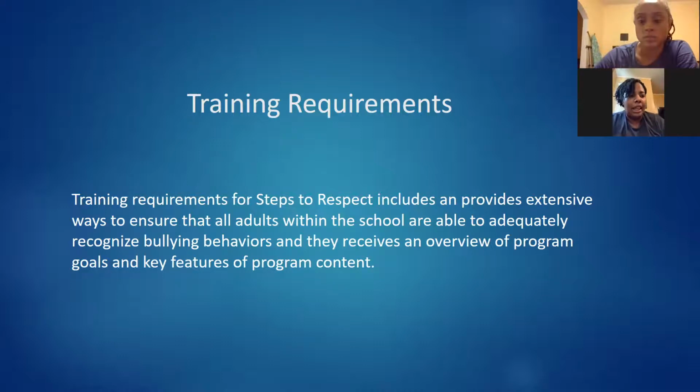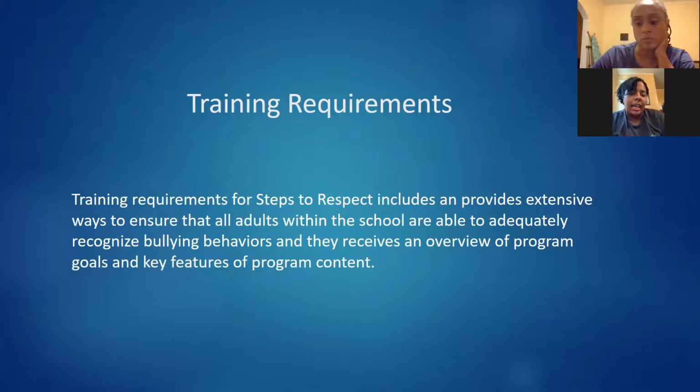So the all-staff training is 3 hours and consists of an overview of the program. It's like an orientation, with information about bullying itself, and training on how to receive reports of bullying from the students. Within the all-staff training, there is a little section of classroom training.